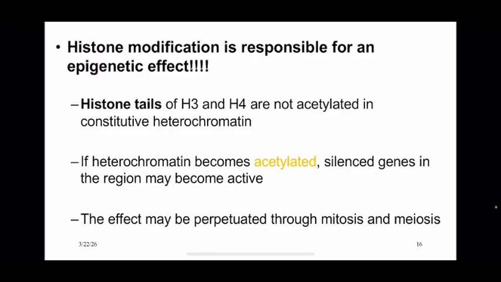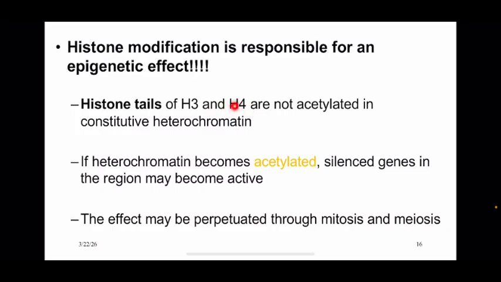So mostly the modifications are done on H3 and H4 on their tails. H2A actually also plays a part, H2B also, but mostly they are on H3 and H4. The reason being their tails are more available and long. So you can also search about why most of the histone modifications are on H3 and H4.